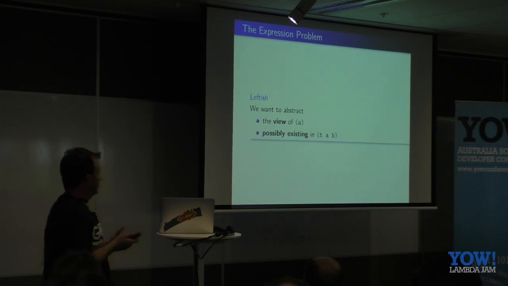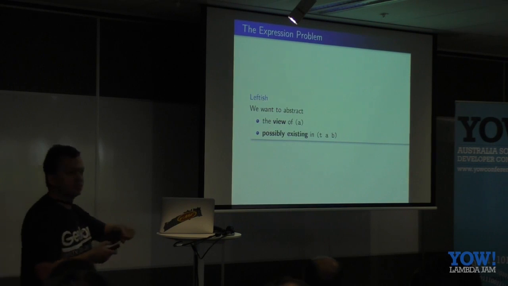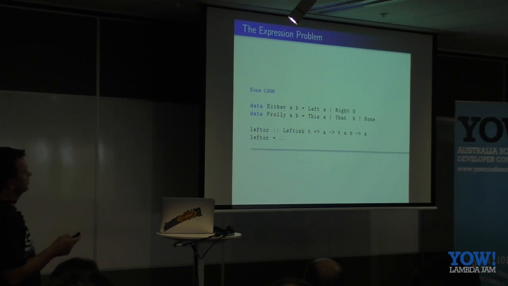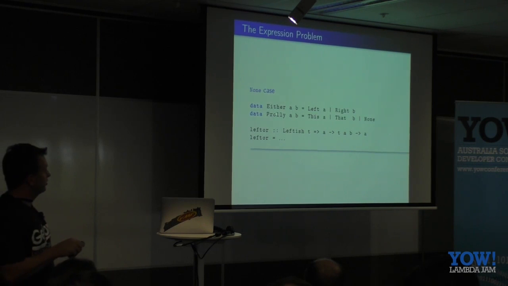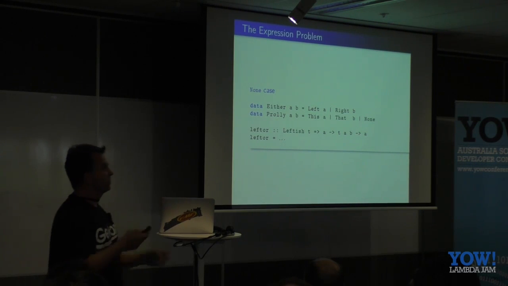Basically we want to abstract two things: the view of A and the possible existence of that A in T A B. If we look back at these two data types, the possible existence of A in Either is the Left, and the possible existence of A in Proly is this. So we want to abstract out that idea.